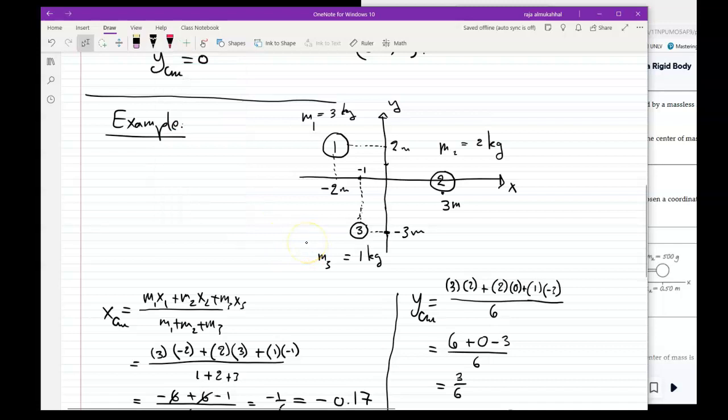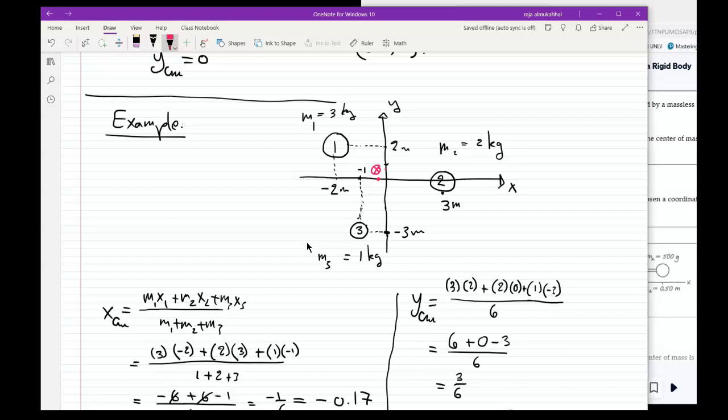Negative 0.17 is roughly here, and half is roughly here. So basically the center of mass is right there. I'm going to make a big dot, and that will be the center of mass. This is the center of mass right here.